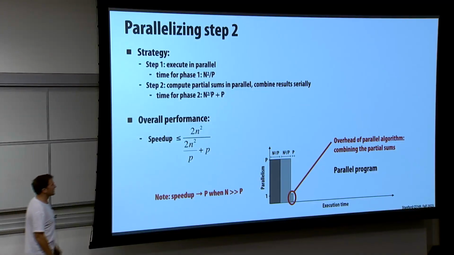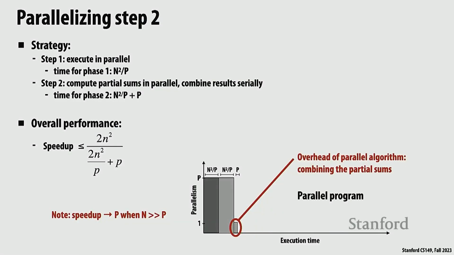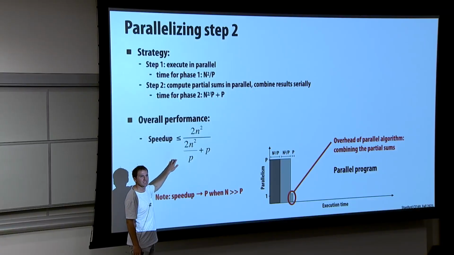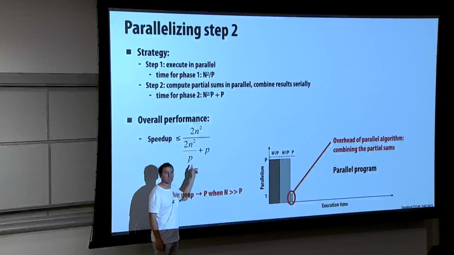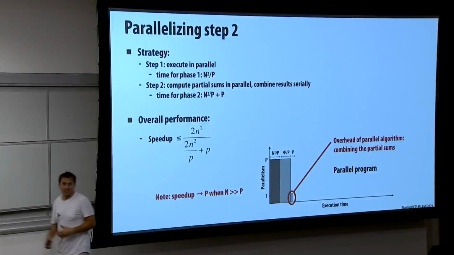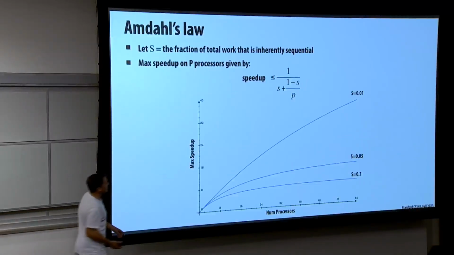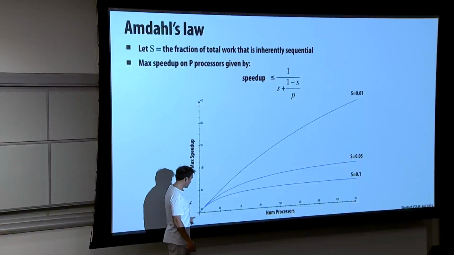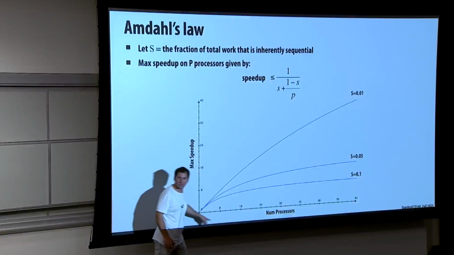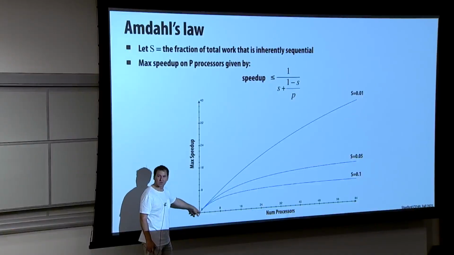So the real question here is like, if p is very, very small compared to n, I'm going to be doing great. If p is actually kind of substantial compared to n, then I fundamentally still have some problems, right? And so this factor s is actually pretty important. So here is a plot where this is the total number of cores, number of processors, 64 processors.